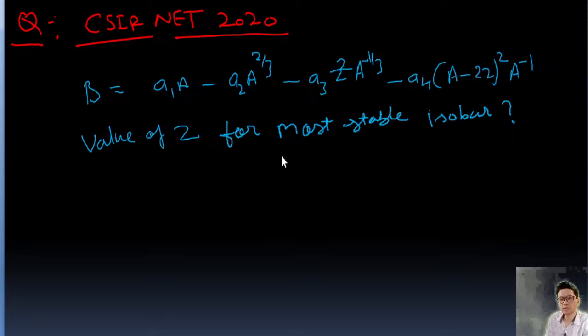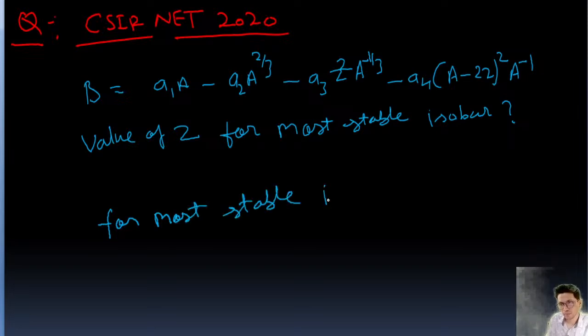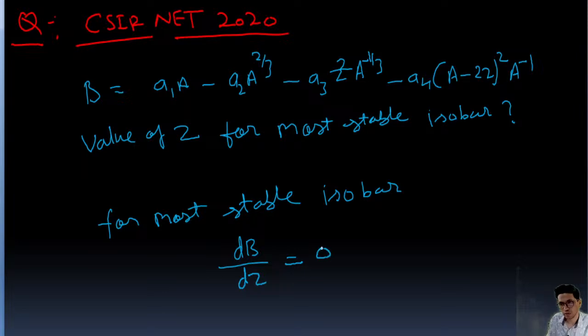Okay, so procedure is simple. I have already explained. For most stable isobar, what we are going to do is del B upon del Z equal to 0. That's what we have to do.